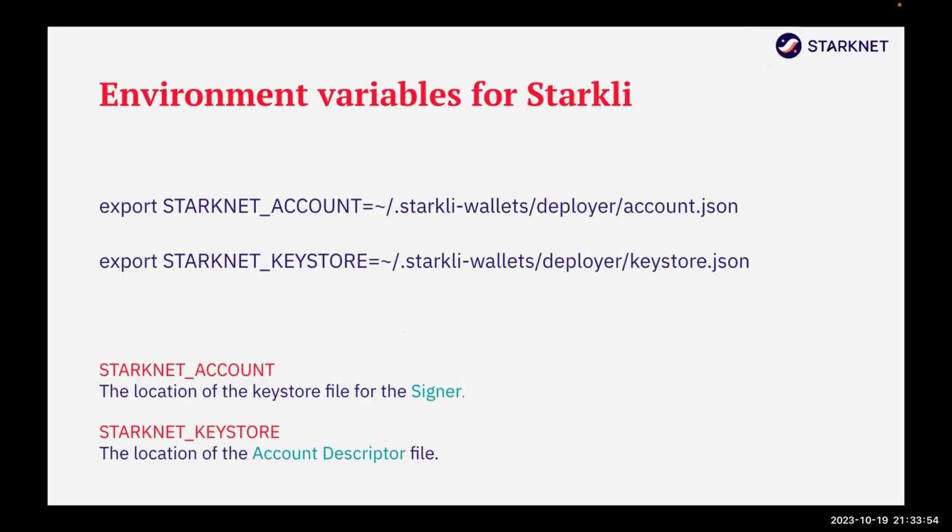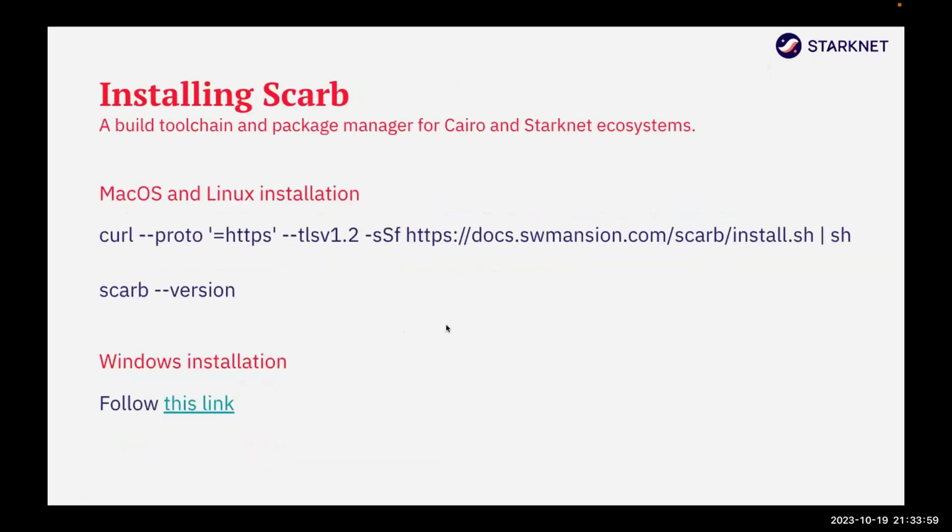How to install Scarb? Scarb is the package manager for Cairo and for the Starknet ecosystem, like we have npm for Node or cargo for Rust. Here, using Cairo, we'll use Scarb as a package manager.